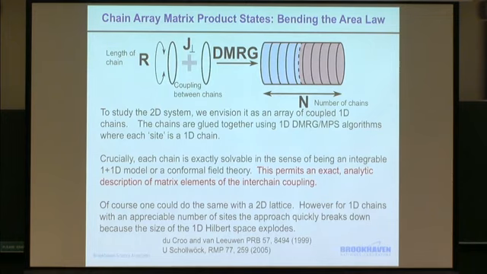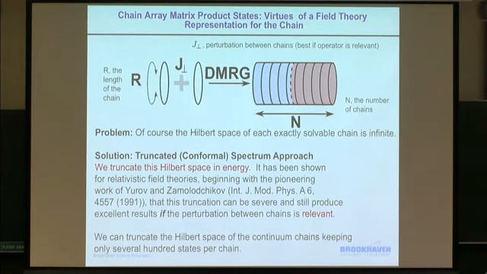The problem one would encounter there is that the dimension of the Hilbert space of each of the one-dimensional chains blows up. Of course, that's also true for us. The Hilbert space of each of our continuum chains is infinite, and so we have to deal with that fact. But we have a definite approach to deal with it. First of all, we know analytically the spectrum of each of the chains. We can write down all the states ahead of time. So we can order these states in energy, and then we can truncate them.